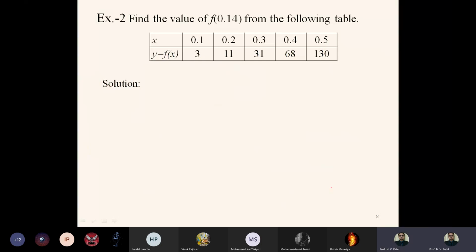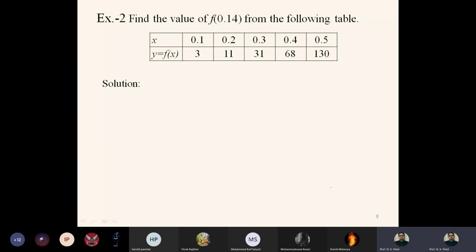Now procedure is similar for next example also. Example number 2 says that find the value of f of 0.14 from the following table using suitable interpolation formula. So x is given equidistant, and here it is 0.1, 0.2, 0.3, 0.4, 0.5 and so on.